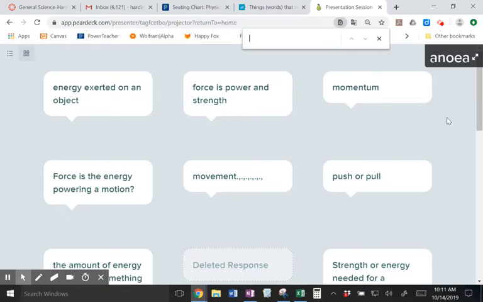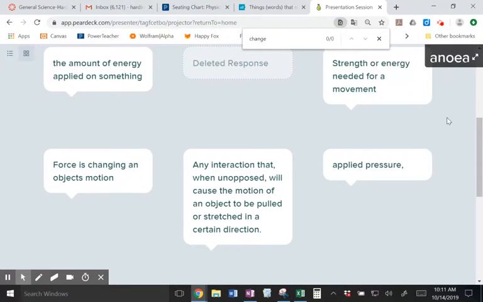Motion 3 times, with synonyms like move, so about 5 times in total we have motion or move or movement. What else is really common everywhere? Energy. That showed up 5 times. Power, that's 3 times. Changing was once.